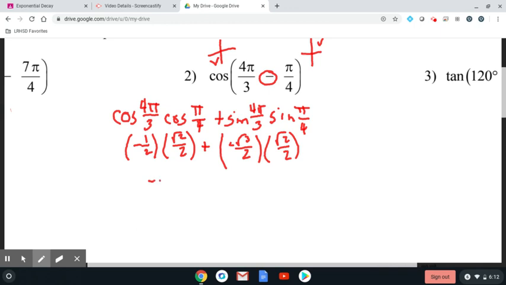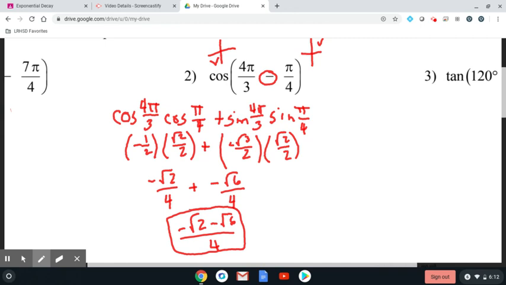When we multiply these together, this gives me a negative root 2 over 4 plus negative root 6 over 4. When we combine these, because our denominators are the same, we end up with negative root 2 minus root 6, all over 4.